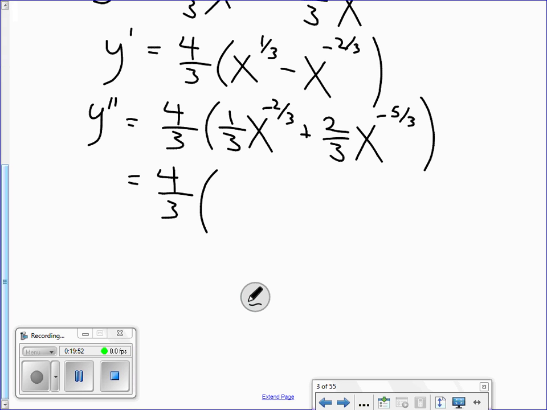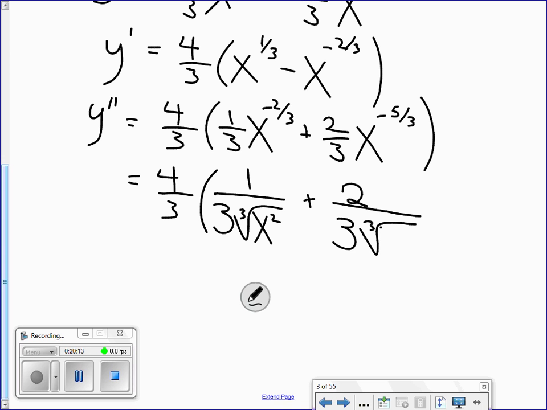So 1 over 3 times the cube root of x squared. What is the next one? Okay, right. So we have 2 over the cube root of x to the 5th. Oh boy. We want a common denominator, but it really wouldn't be ugly if we broke this up.